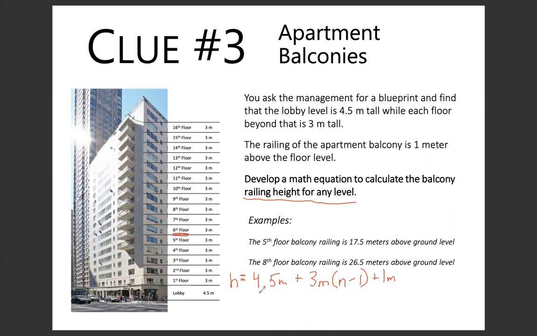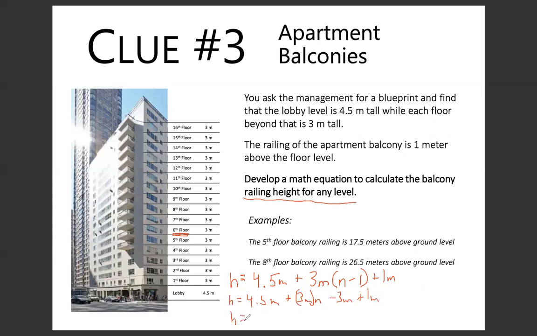So this is the lobby. This is the number of floors you are up, times the height per floor. And then this is the railing height. If we expand this, h equals 4.5 meters plus 3 meters times n minus 3 meters plus 1 meter.